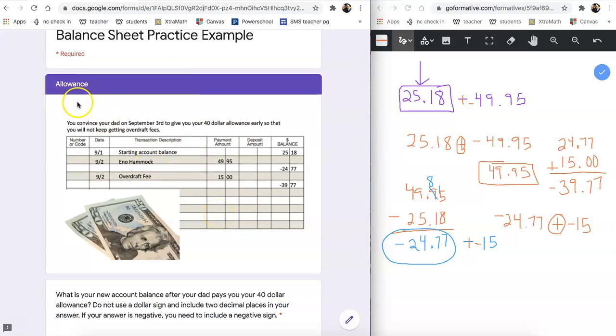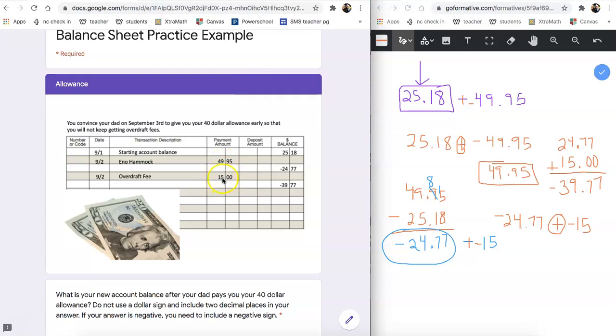This is titled Allowance. You convinced your dad on September 3rd to give you your $40 allowance early so that you will not keep getting overdraft fees. Okay, so notice this $49.95 was in the payment column because I had to pay for the hammock.